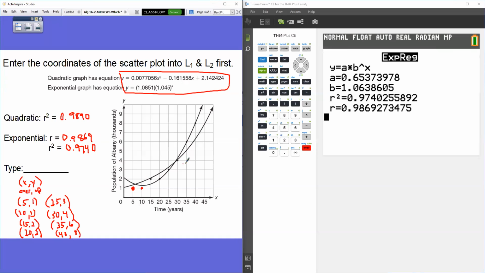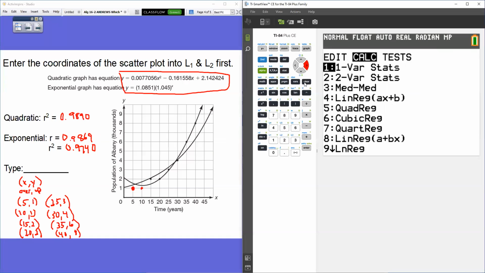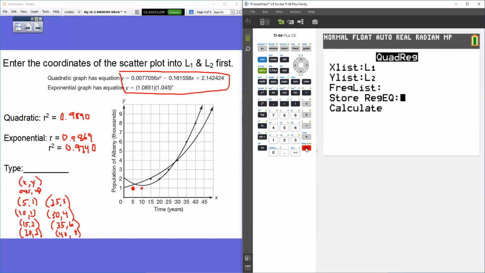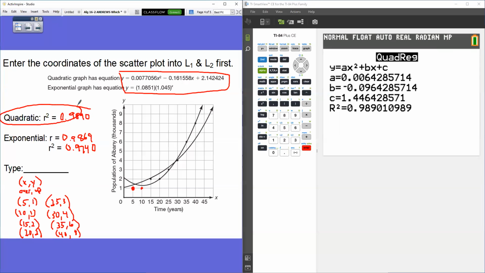did I screw up somewhere? I have something different on my notes. So anyway, according to this, it looks like the quadratic is the best fit of the data.